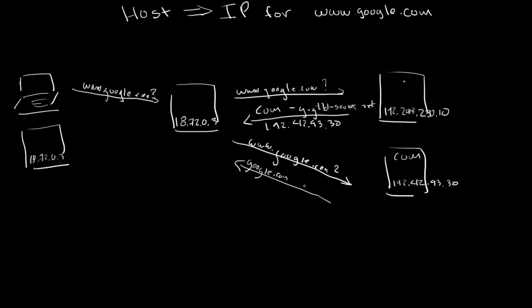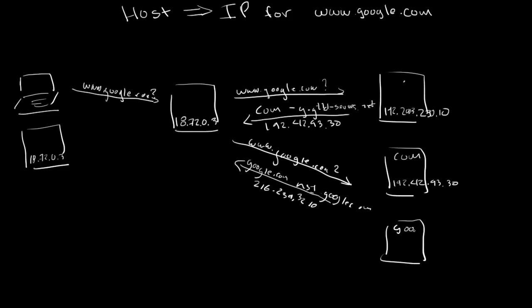Now this server would know about all of the Google servers under google.com, say mail.google.com, movies.google.com, and so on. And so this happens to be called ns1.google.com. And the IP for that is 216.239.32.10. And then we would repeat the process, but now going to the authoritative server.